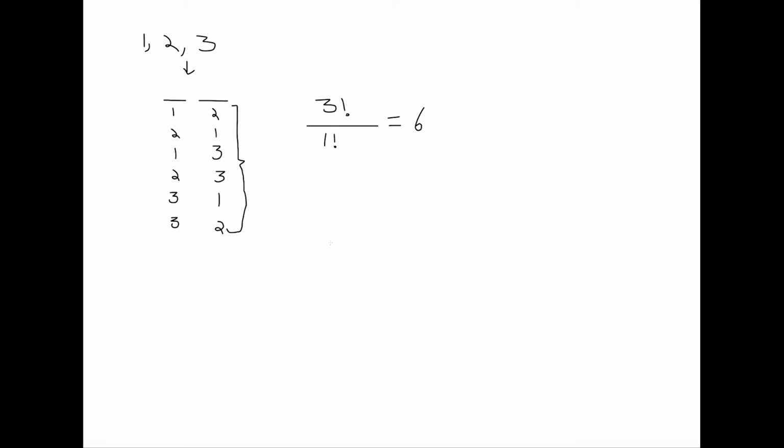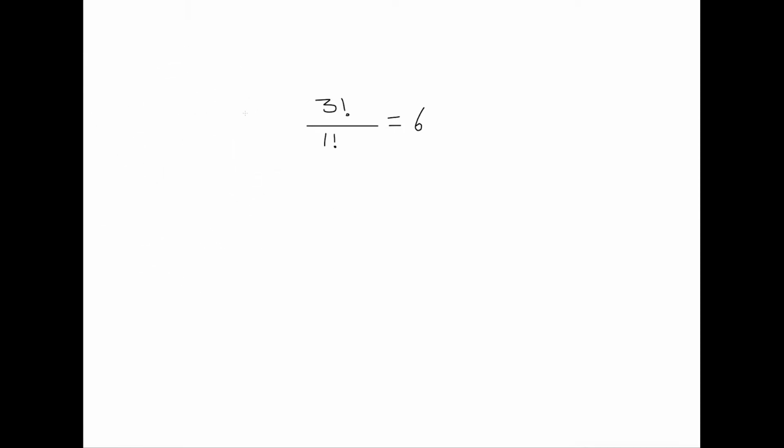So combinations are sort of like saying how many different sets of elements can we get from taking out a number of elements from this group, right? So 1 and 2 would be considered one set that we can get, okay? Or 2 and 3 would be considered a different set. But if we were to take 2 and 1, that would be considered the same set as this 1 and 2 over here, okay?